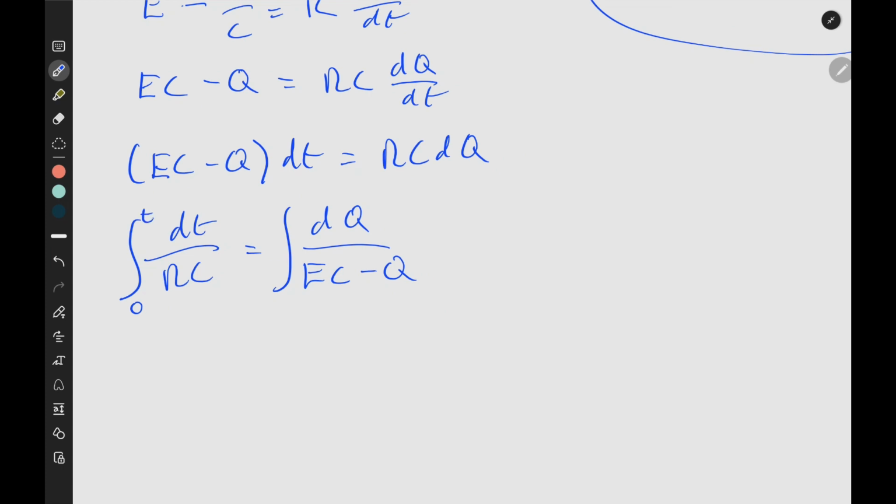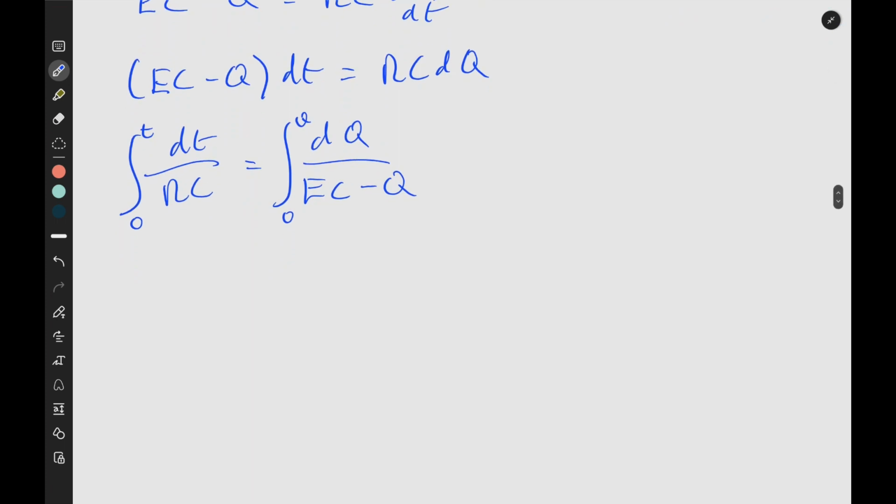And for q, it's going to be from 0 up until q, because we want to know what the charge is on the capacitor plates. So we integrate this, and because this is just 1 over RC, it becomes t over RC. We do it for t, then minus 0 over RC, which is nothing. So that side's done.